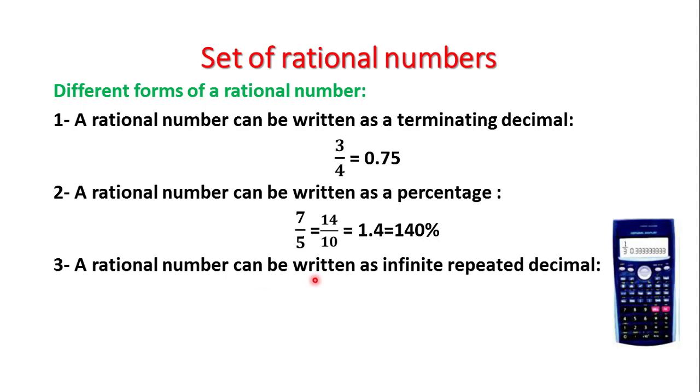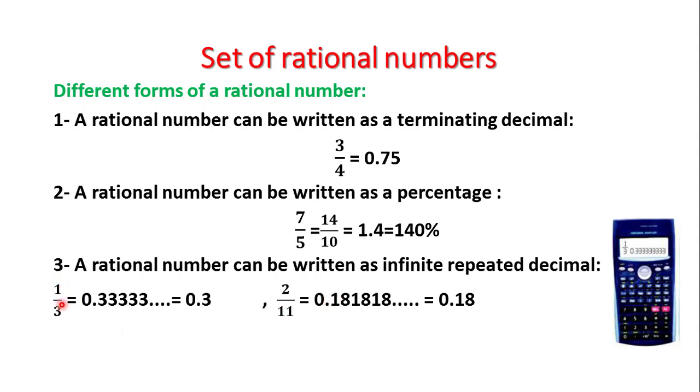Also, a rational number can be written as an infinite repeated decimal. For example, here 1 over 3, if we divide 1 by 3, it will be 0.333, and this is an infinite number. Also 2 over 11, in the same way you can use your calculator, it will be infinite. So we can write any rational number as an infinite repeated decimal.